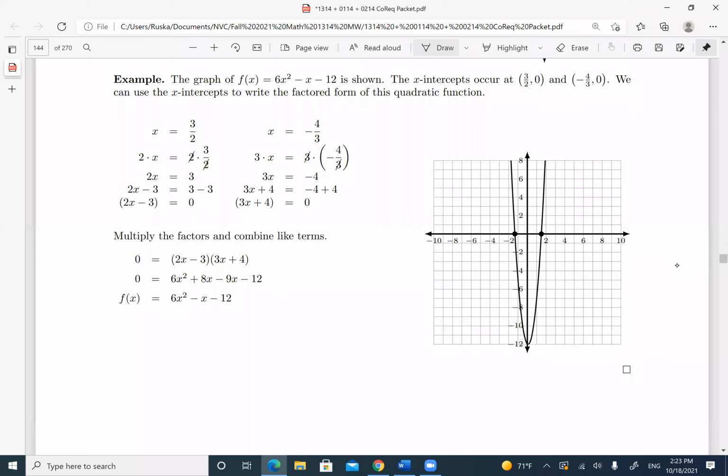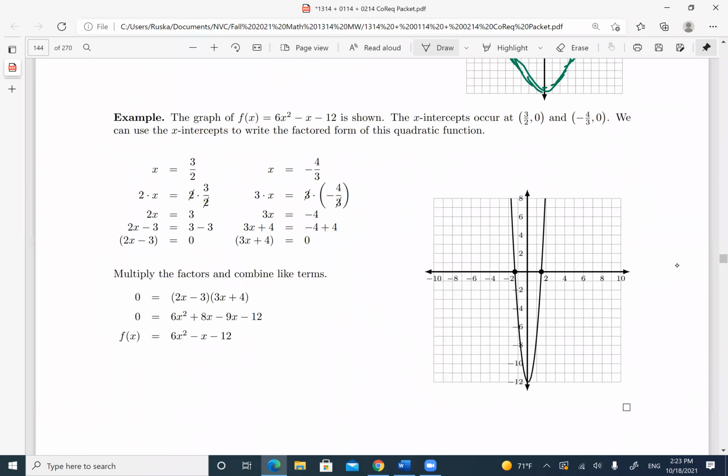So the graph of this function is given: 6x squared minus x minus 12. The x-intercepts are 3/2 and -4/3. We can use the x-intercepts to write the function in factored form using x equals 3/2, x equals -4/3.